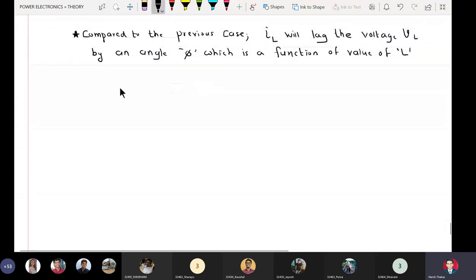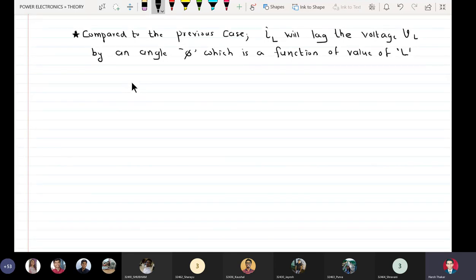So now consider a scenario. Consider a semi-converter. Let us not discuss what a semi-converter is; that is a part of the syllabus later.